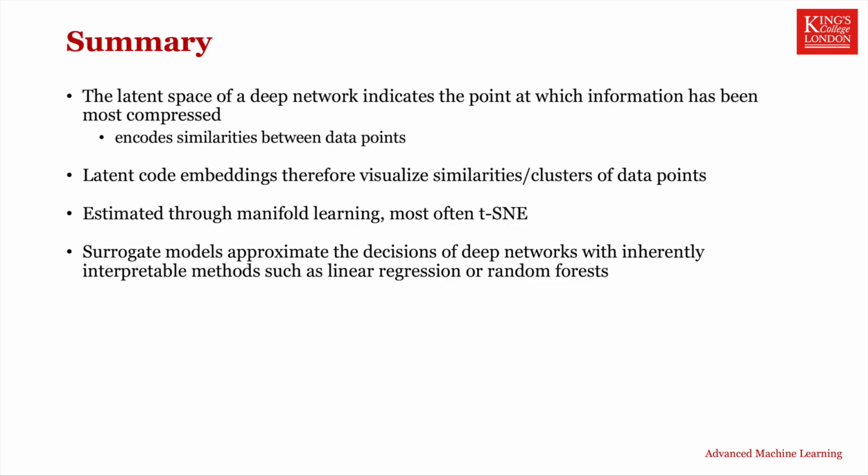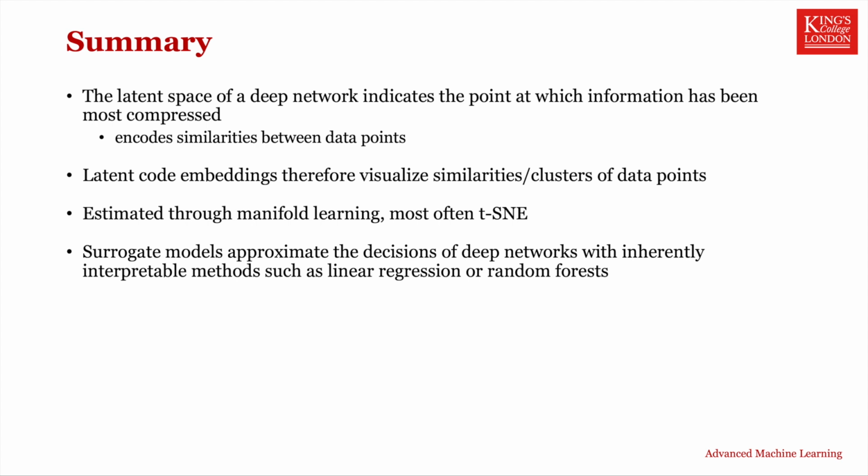So, in summary, the latent space of a deep network indicates the point at which information has been most compressed, but should nevertheless contain all the information required to make predictions, and thus it should encode the similarities between data points. This means that we can visualize relationships between examples using manifold learning techniques such as t-SNE applied to this latent space.